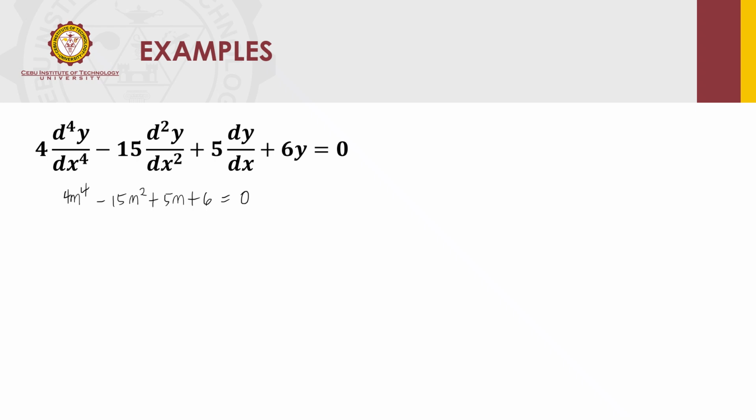If the remainder after dividing by, let's say, m minus 6, 6 coming from one of the factors of the constant, the last term of your polynomial equation, is 0, then m minus 6 is a factor of this auxiliary equation.